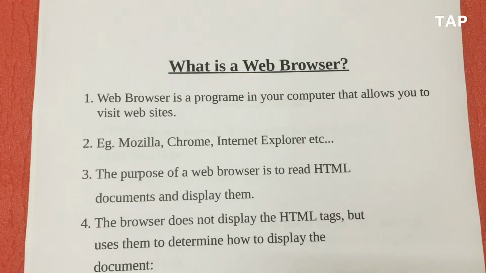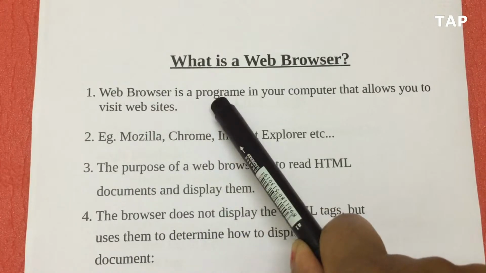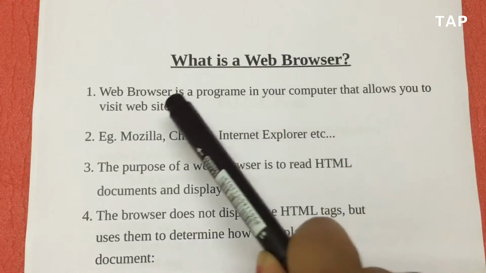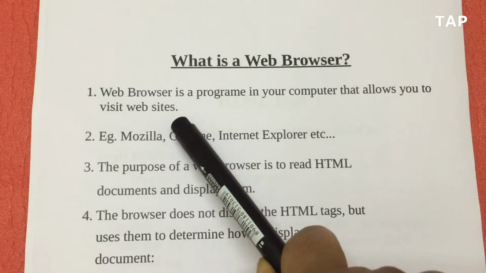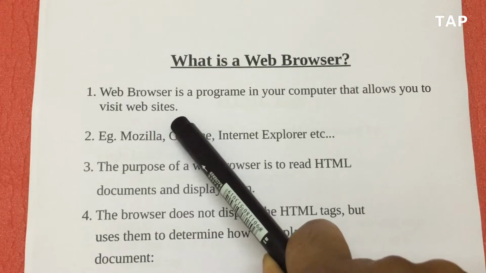But your web browser is the container where you are searching something, or you can say that your web browser is a program which is allowing you to visit any website. So if you are visiting any website, you are going through a container. It is a program in your computer which is allowing you to visit websites. So don't get confused with your file system and search engine. You search inside the web browser.